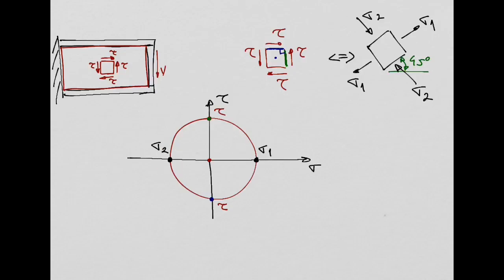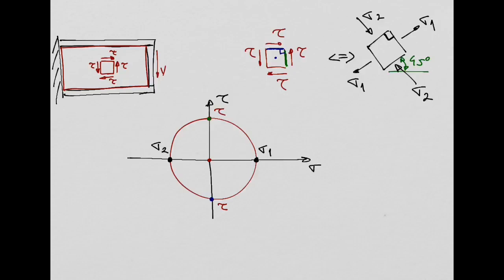Look, in the Mohr circle, between sigma 1 and sigma 2, this angle is 180 degrees. So it means here they need to be 90 degrees, which is correct, yeah? Another thing, sigma 1 is positive, so it is a tensile stress, stretching.